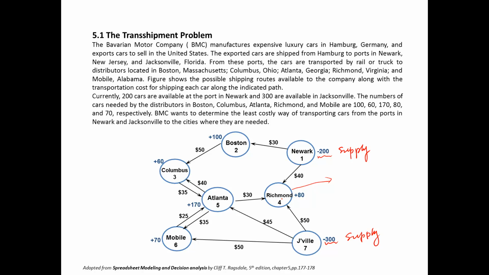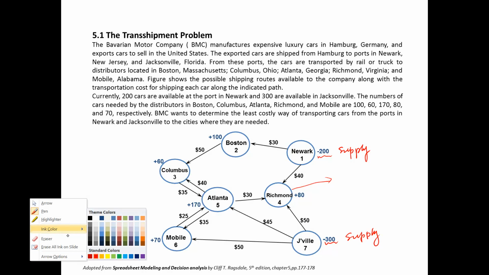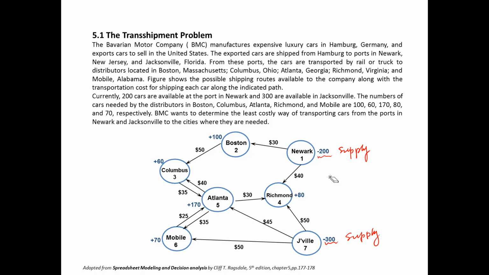So this is a demand node. Let me put it here. So the supply nodes are 1 and 7, and we have 1 demand node, which is number 4.